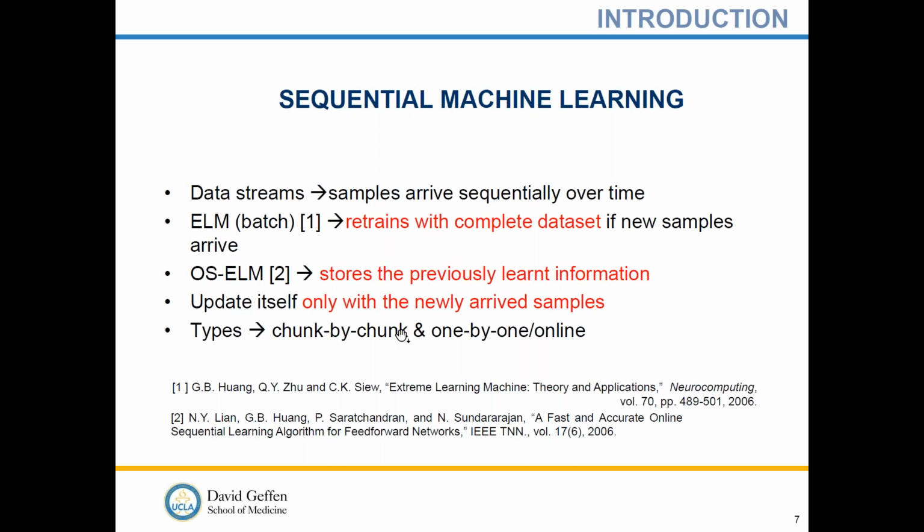Alternatively, you can use the online sequential version of extreme learning machine, which stores the previously learned information and updates itself only with the newly arrived samples. In two ways we can do sequential machine learning, either chunk by chunk or one by one. In chunk by chunk, the data arrives in the form of chunks, and in one by one or online learning, the data arrives one at a time.